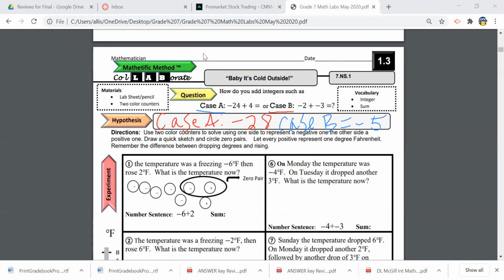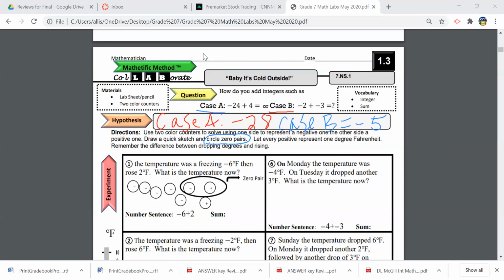All right, now let's start the lab. Directions: we're going to use 2-color counters to solve each problem, using one side to represent a -1 and the other side a +1. Draw a quick sketch and circle 0 pairs, because those are going to just cancel out to 0. Let every positive represent 1 degree Fahrenheit.